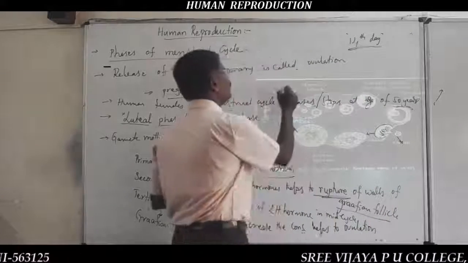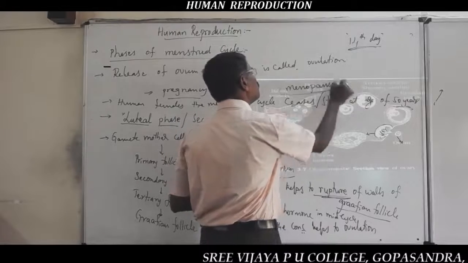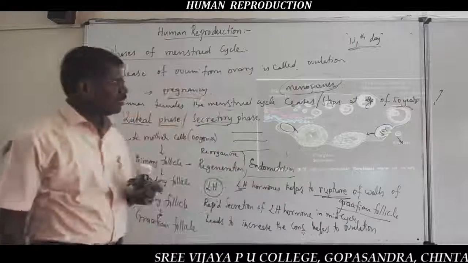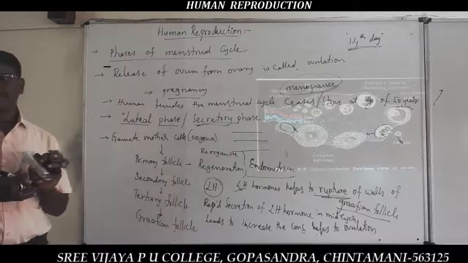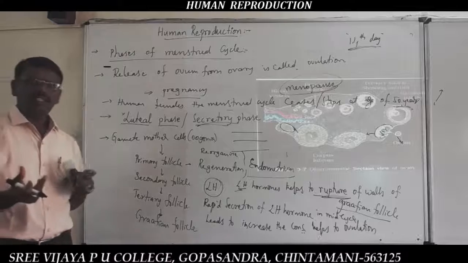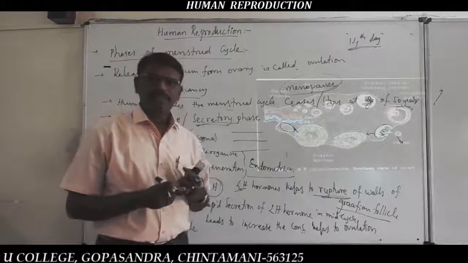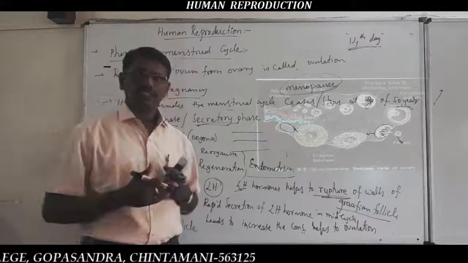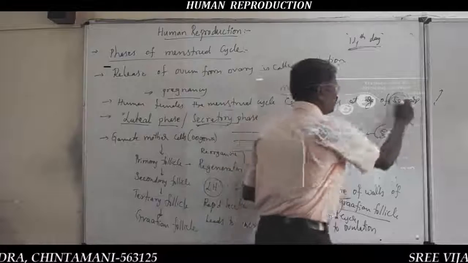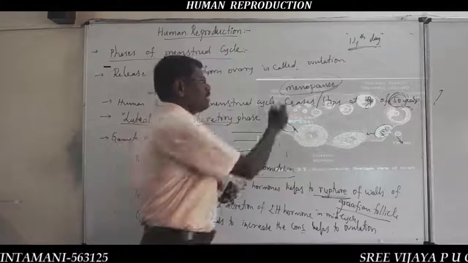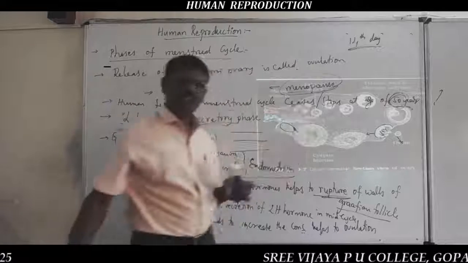This is called menopause. Menopause is the ceasing of menstrual cycles at around 50 years. In certain females, the menstrual cycle may stop at 48 or 54 years. So it varies, but in most cases the cycles cease at the age of 50 years, the phenomenon called menopause.